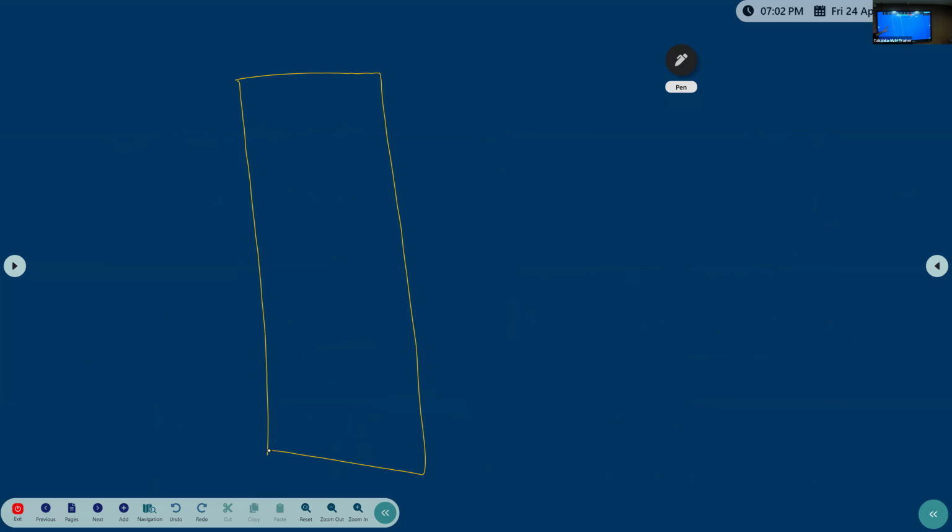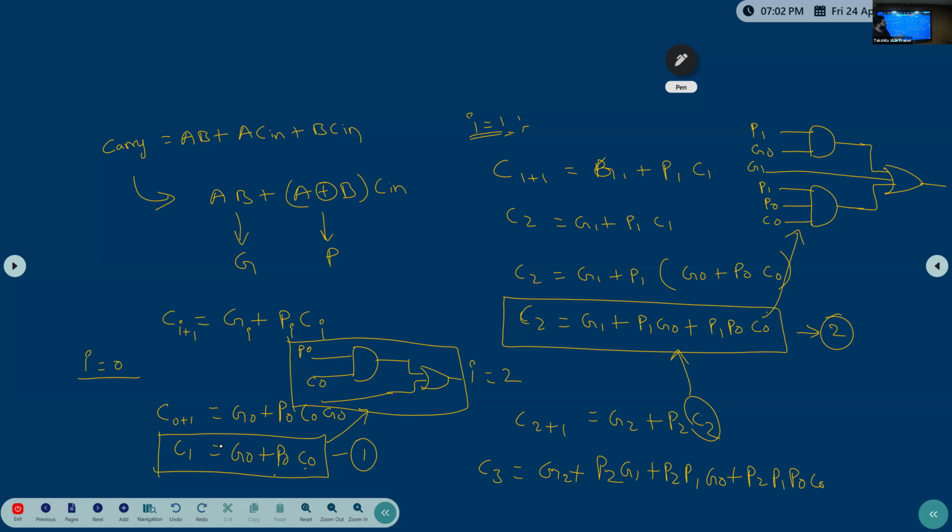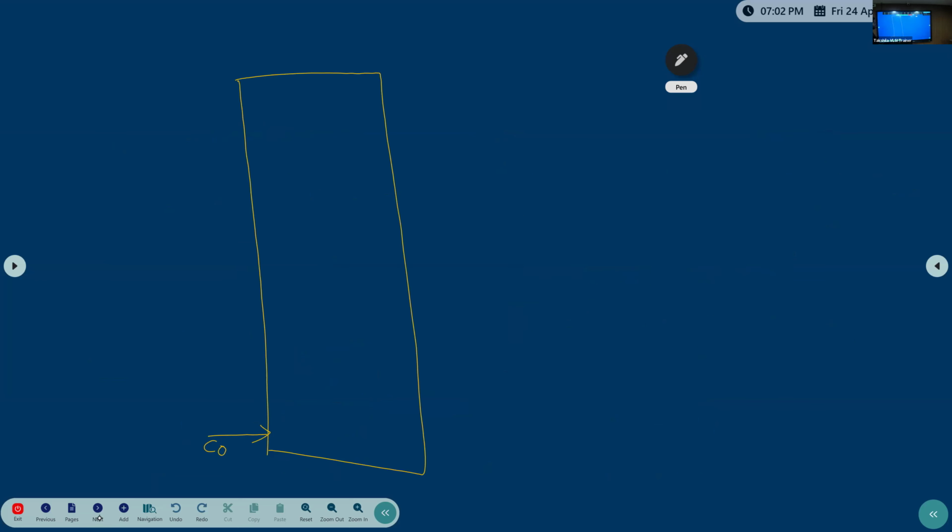Now C0 will come directly. C0 they will give directly. Clear? What other things need to be generated? C1, C2, C3. So for C1 what do I need? G0, P0, right? Yes or no? G0, P0.